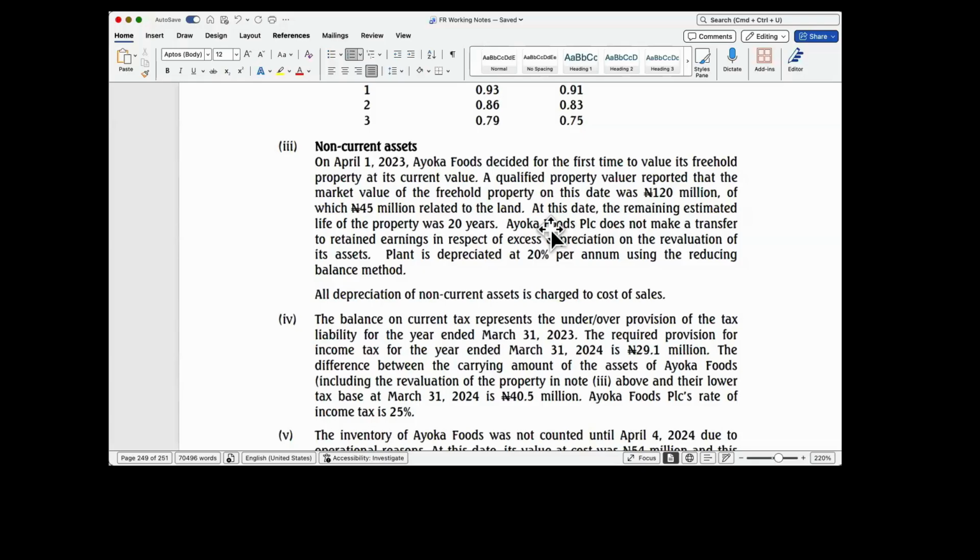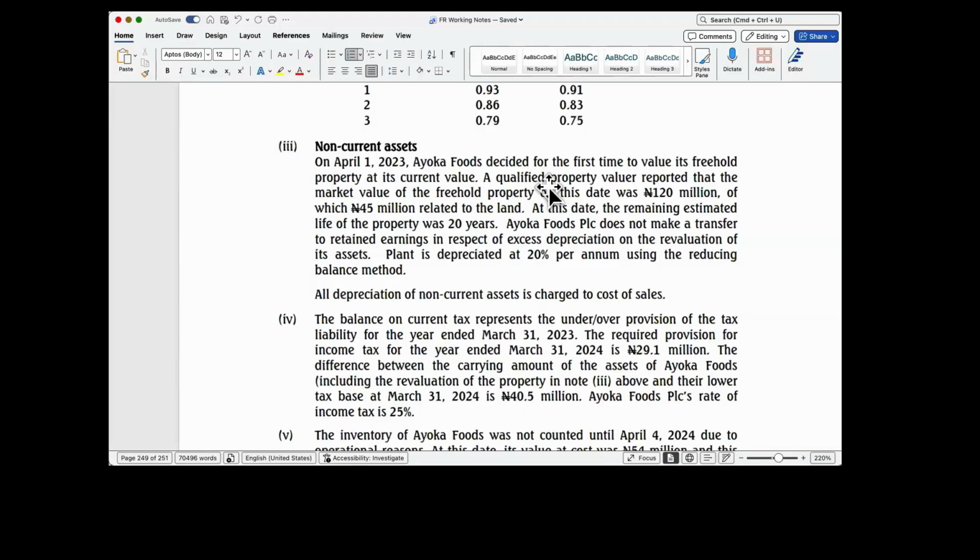Now they moved on. They said at these dates, the remaining estimated life of the property was 20 years. This will help you compute your depreciation. You're also told that Ayoka Foods PLC does not make a transfer to retained earnings in respect of excess depreciation on the revaluation of its assets. Good enough. They have made your life easy with this statement. The examiner can also tell you that they make a transfer to retained earnings in respect of excess depreciation.